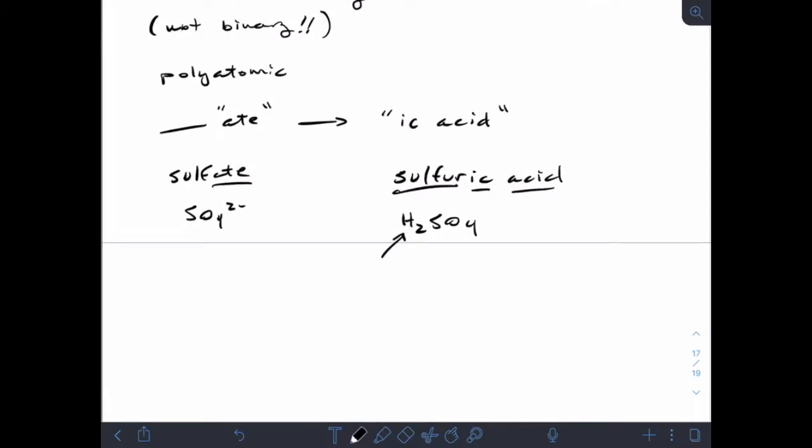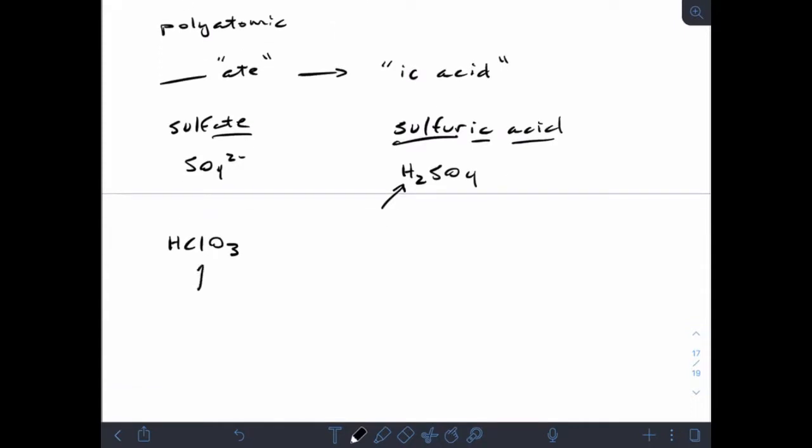So if I have, let's say, HClO3, notice that's chlorate, and then I have that leading hydrogen that tells me that it's going to be an acid. So ATE becomes ic, so chlorate becomes chloric acid.